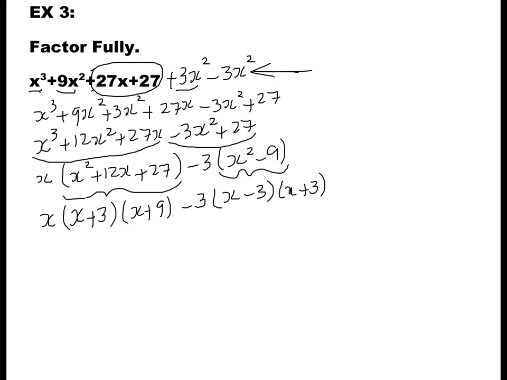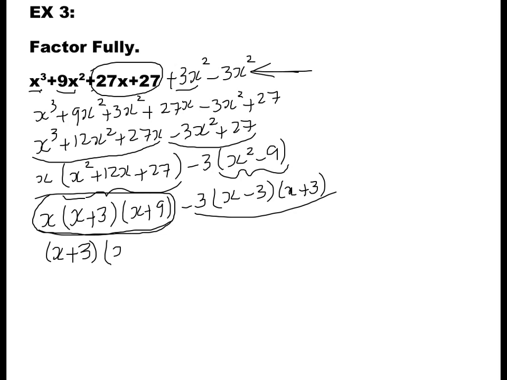Now, if you look at this term and this one, x plus 3 is common. So I'm going to take x plus 3 out. From this, if I take x plus 3 out, I'm going to get x times x plus 9, which I can write as x squared plus 9x.